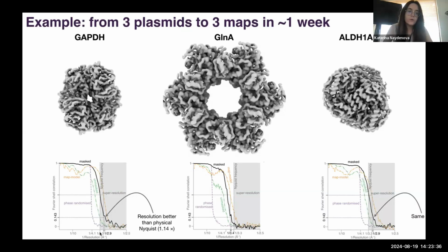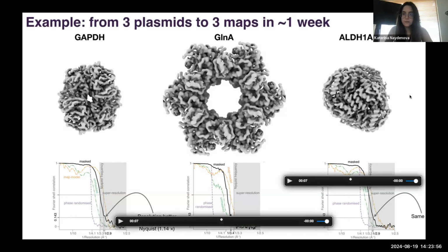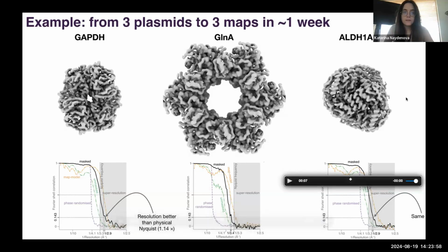So even though you are collecting with a pixel size of 1.65 angstrom in this case, so your Nyquist limit would be 3.3, you're doing these super resolution tricks. So your super resolution pixel size would actually be 0.8, and you have the chance to recover this information that is way past the Nyquist frequency. And we were really happy with all of these reconstructions.